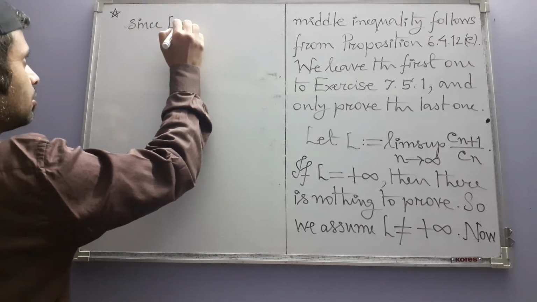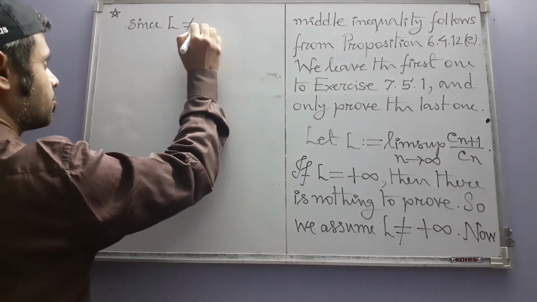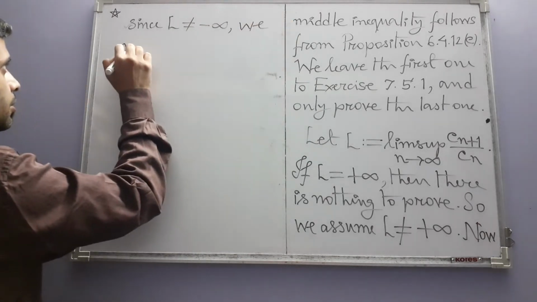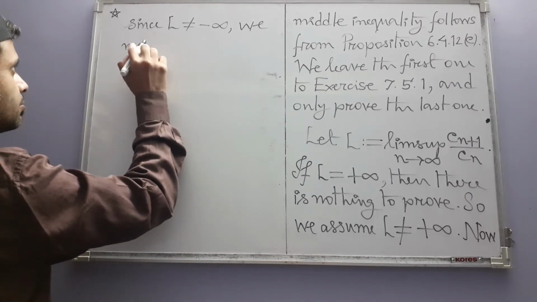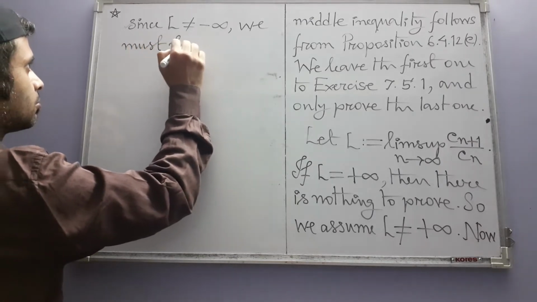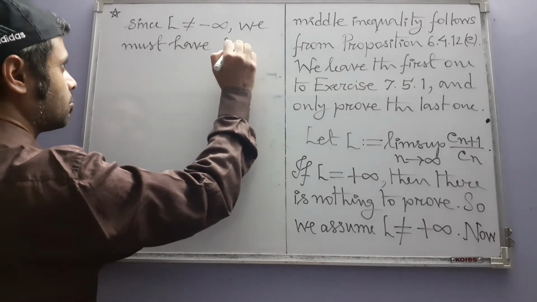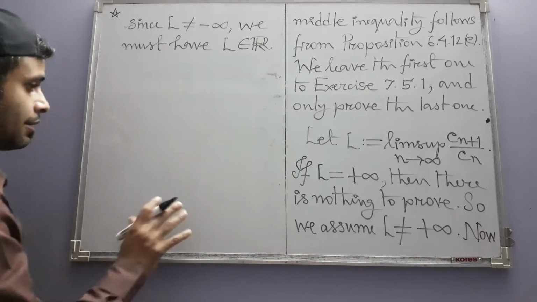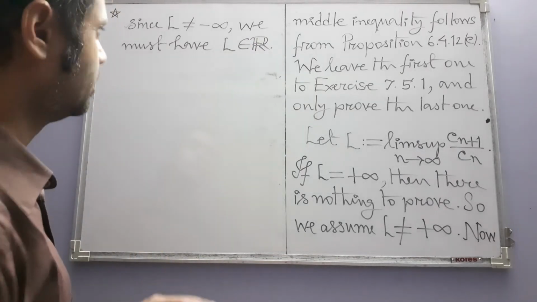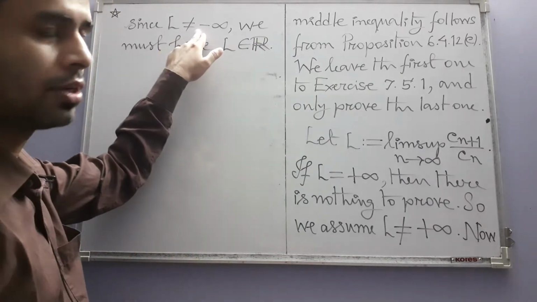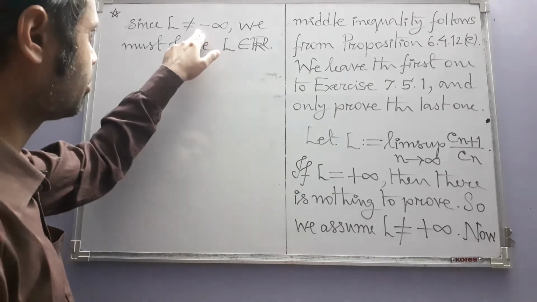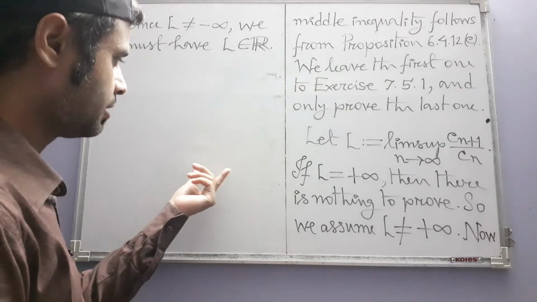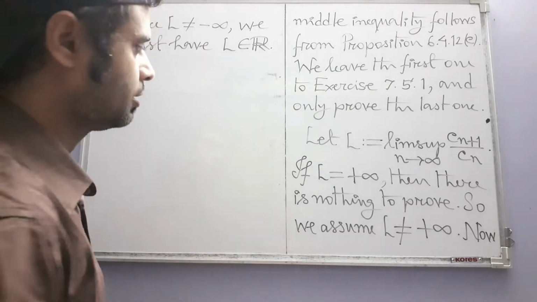Since L is not equal to minus infinity, we must have this. And now L is a real number, but there is a question. Where is this coming from? Why is L not equal to minus infinity? And the author also raises this question, and he just writes why within brackets.